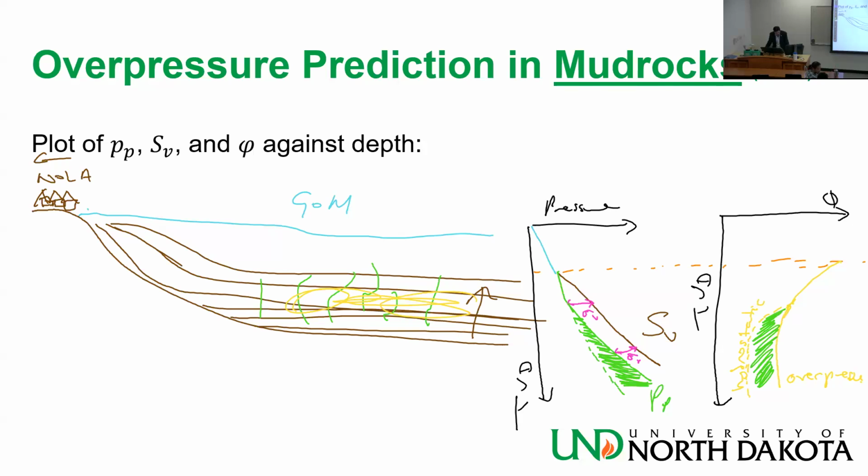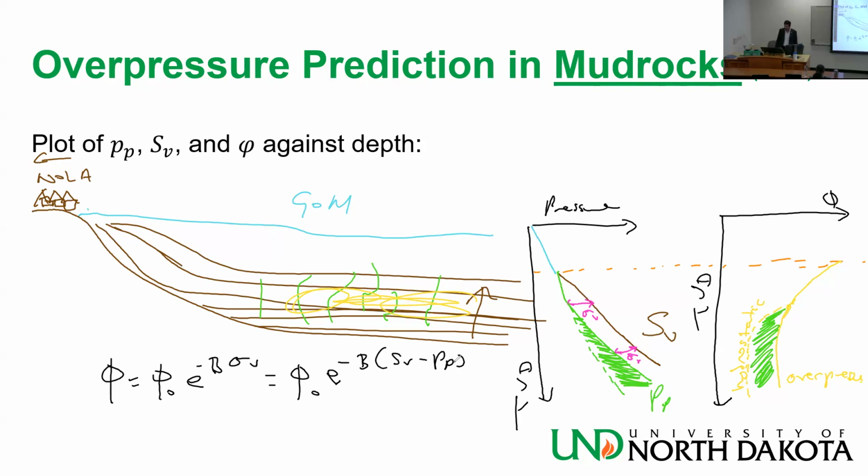So what is the effect? Let's explain the far right plot. We have here phi equals phi naught e to the minus beta sigma V, okay? This exponential, by the way, is that to express hydrostatic or the overpressure?